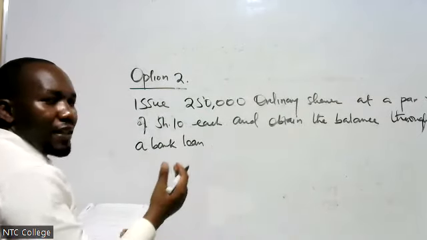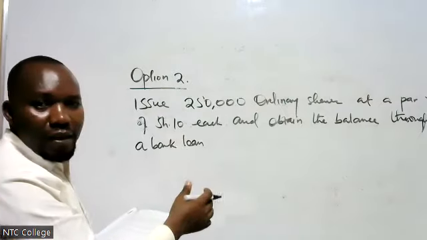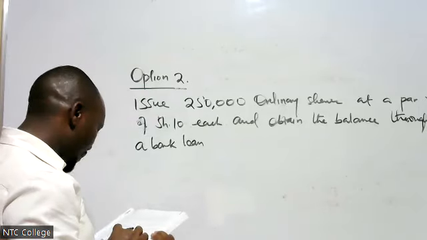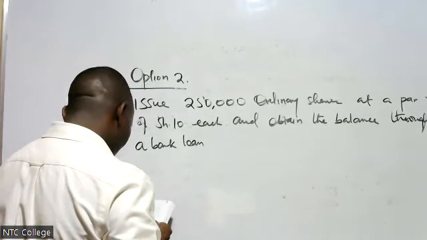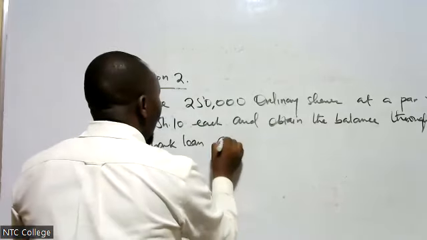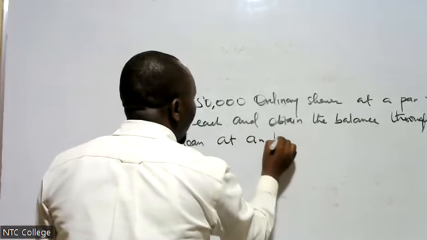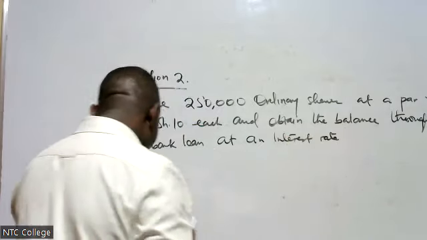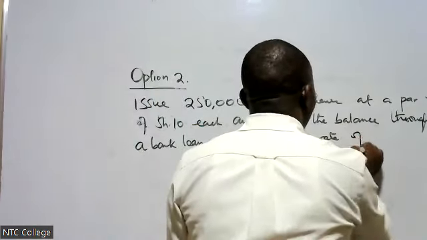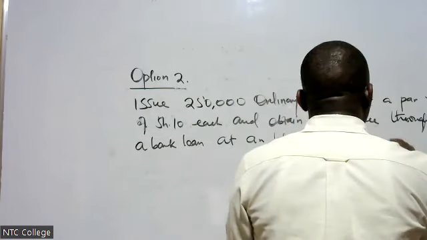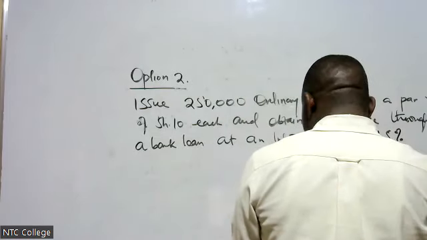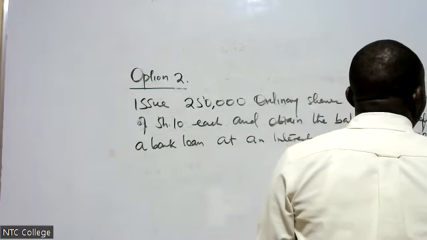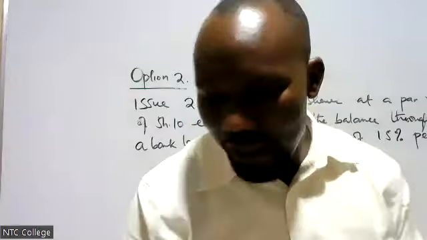It can also be debenture. They can say through bank loan or debenture at an interest rate of 15% per annum. Kindly copy that and let me know.